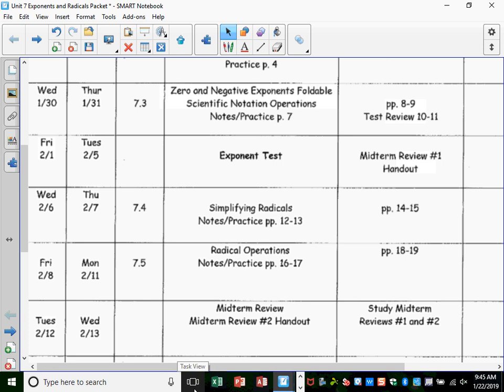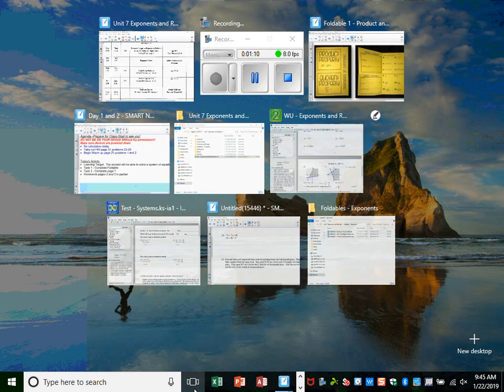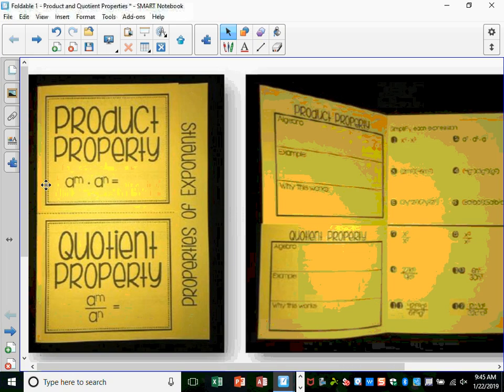You were supposed to keep all of your tests from each unit. So I would suggest taking those tests and starting from unit 1 and looking at those topics. You could also go on to Blackboard because all of my lessons are still there, and maybe look at at least a test review if you have lost your packet, to make sure you know how to do those types of problems in each one of the units.